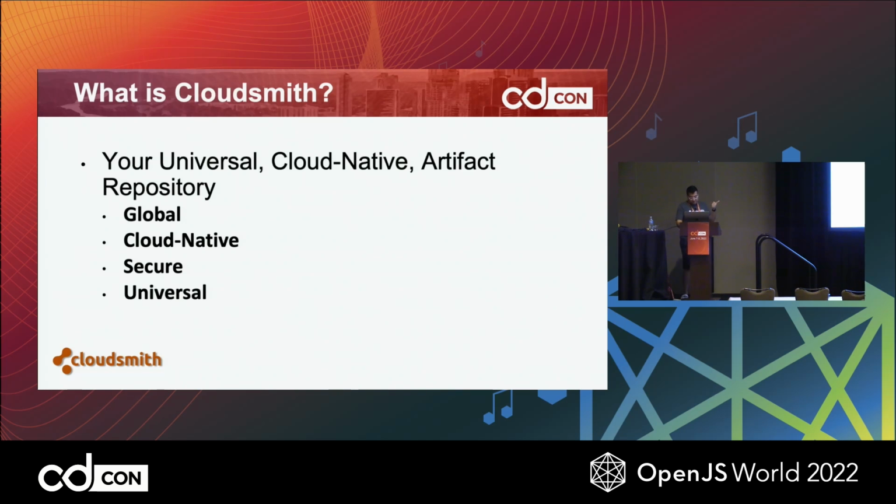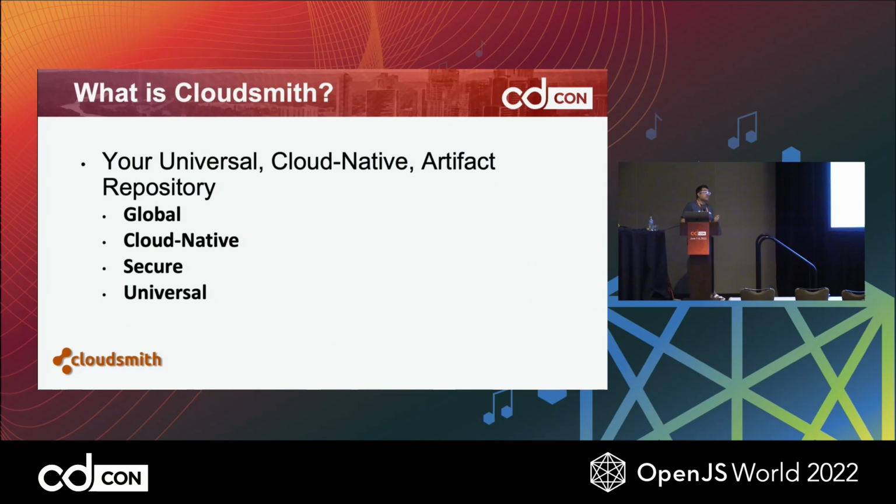So we are global in that every package uploaded to our platform, even on our free core plan, is automatically available in 225 plus points of presence around the world. We are cloud native in that we were born in the cloud and designed from the ground up to offer a fully managed SaaS scalable solution. We are secure in that we support your SSO, single sign-on, and MFA vendors of choice.